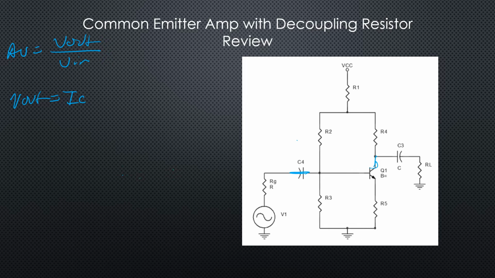So we've got our gen, in parallel with R3, in parallel with R5 plus R prime E brought across the beta barrier, that entire quantity.